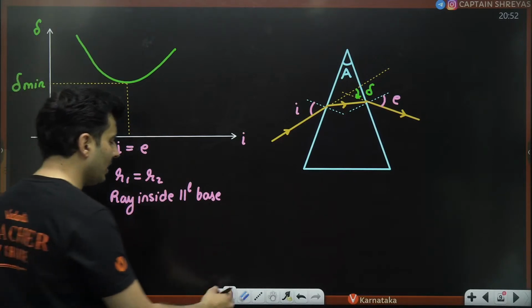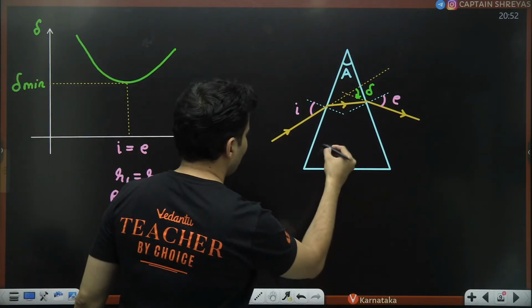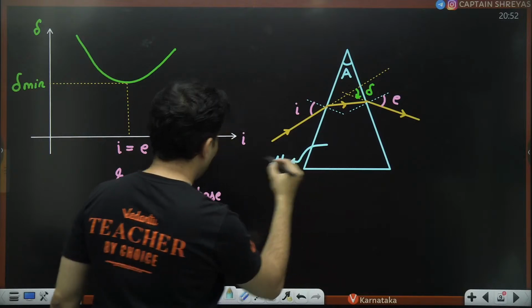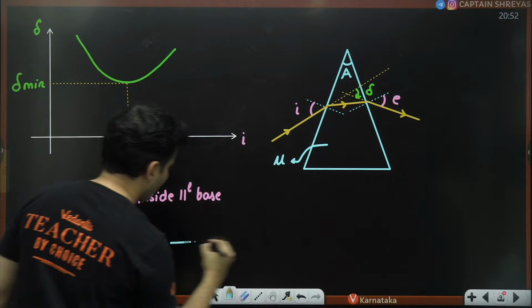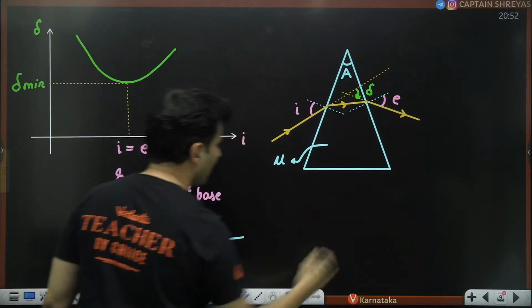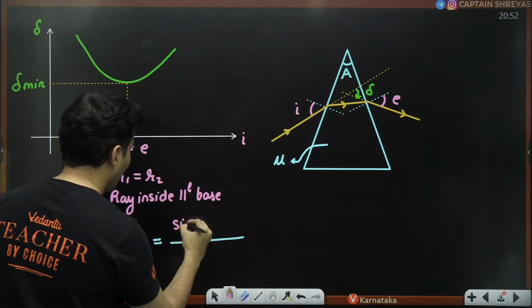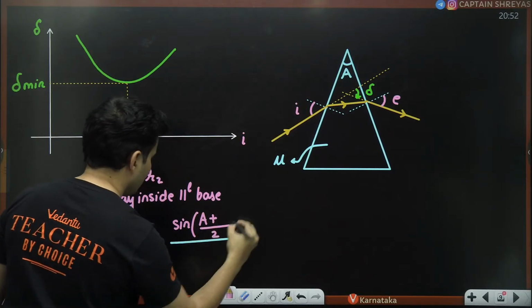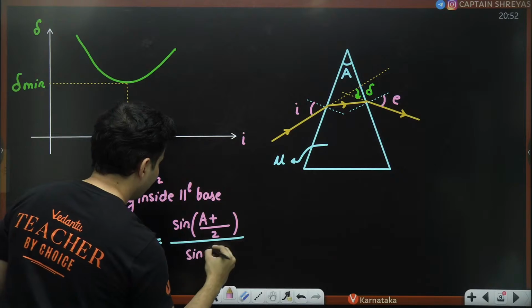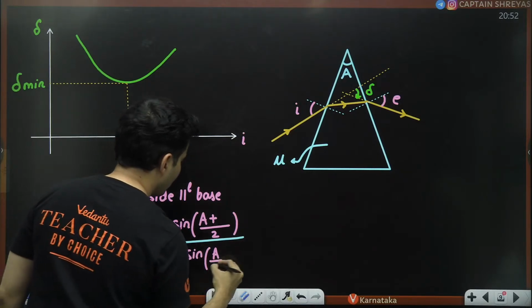Now by using formulas, you can easily figure out the relationship, and the relationship comes out as mu is equal to, observe carefully, sine of (A plus delta minimum) by 2 over sine of A by 2.